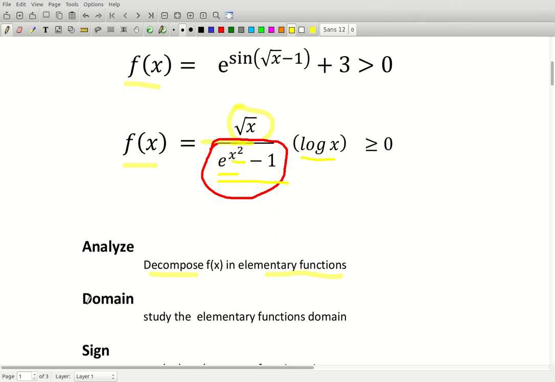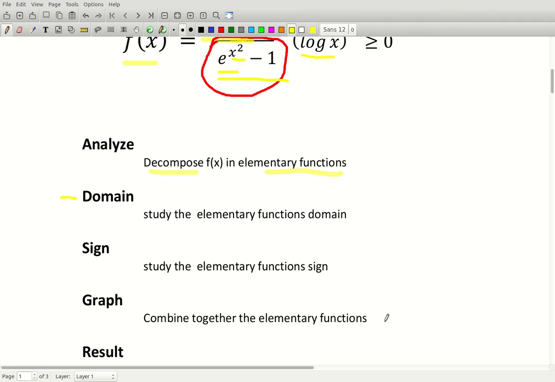After, we need to know the domain. Domain is the study of the elementary functions' domains. What do I mean? If I know that this function is made up of 3 or 4 elementary functions, I can obtain the domain of the whole function simply by looking at the domains of the elementary functions and combining them together.